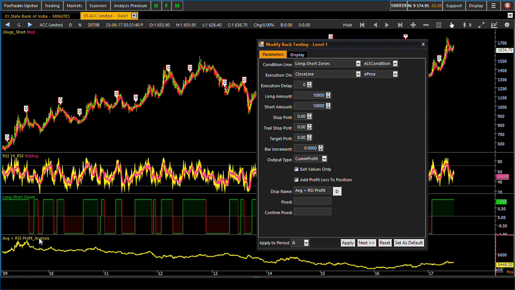Okay, then I have one feature, add profit loss to the position size. What this feature does is you don't have to invest anything from your pocket. Once you have deployed 10,000 rupees, if you incur a loss in your first trade of 2,000, then your amount becomes 8,000 rupees. The next trade which comes will be traded with only 8,000 rupees. If you still incur a loss, let's say of 1,000 rupees more, the next trade will be worth 7,000 rupees.